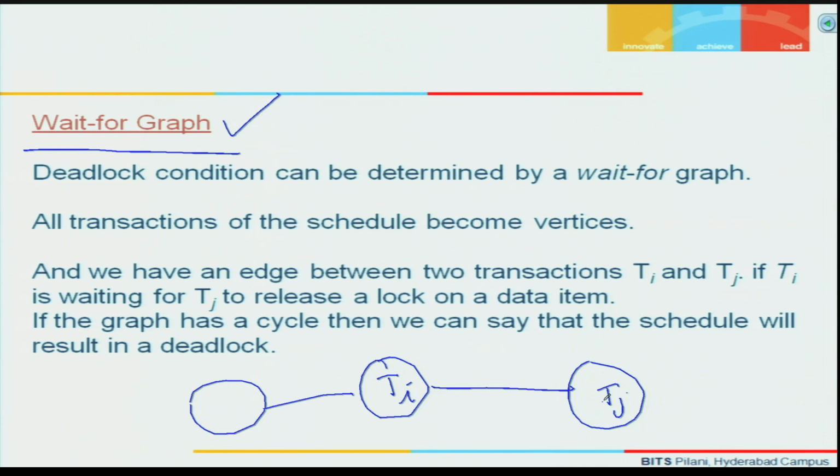Based on these conditions I can develop the wait-for graph, and at any given point of time if I see a cycle in the graph, then I can stop my algorithm and declare that the schedule will result in a deadlock situation.